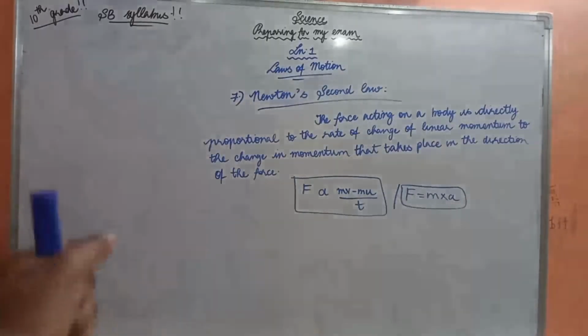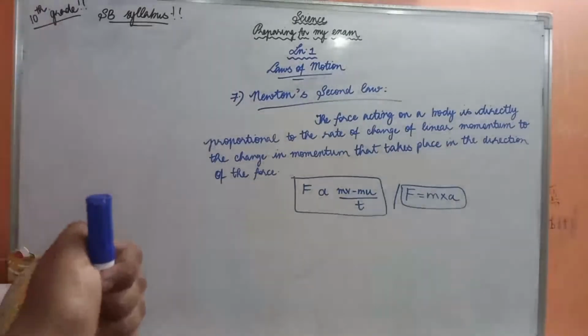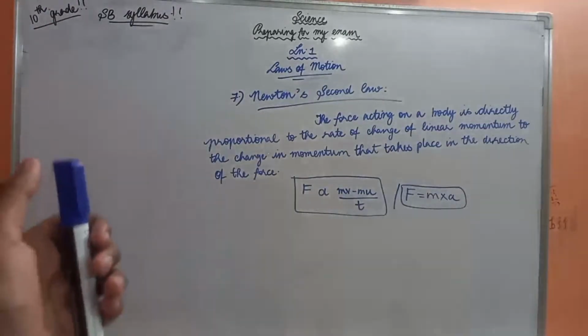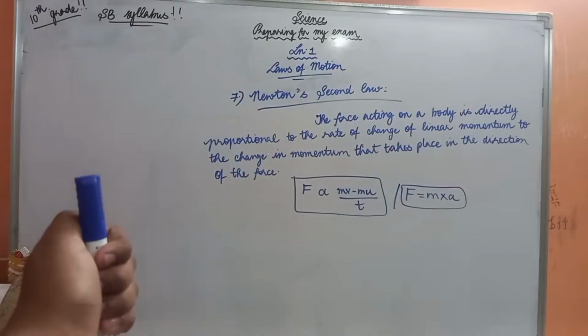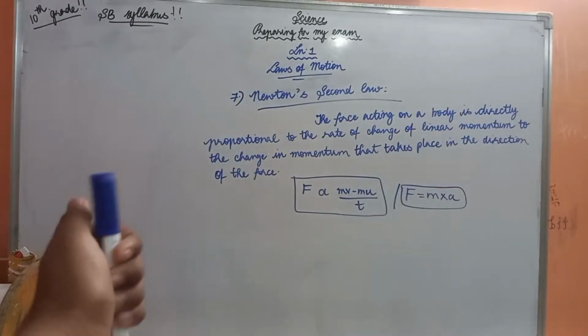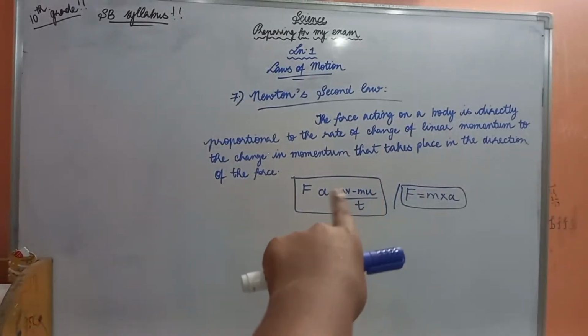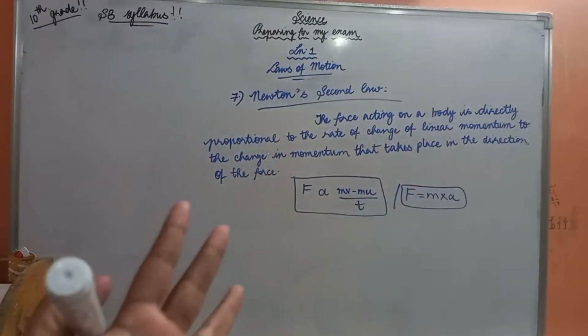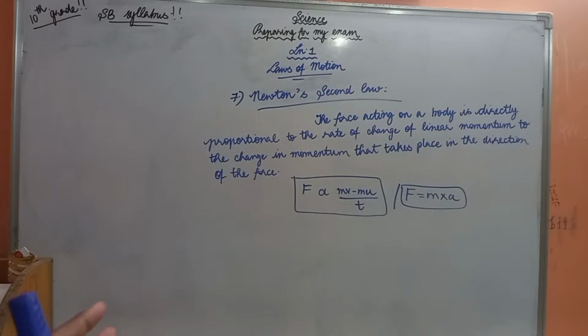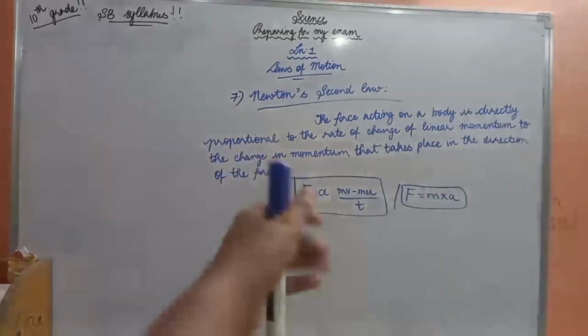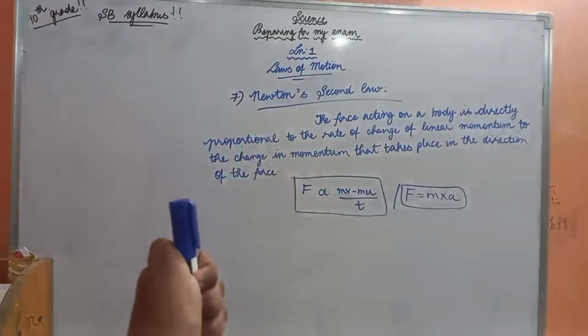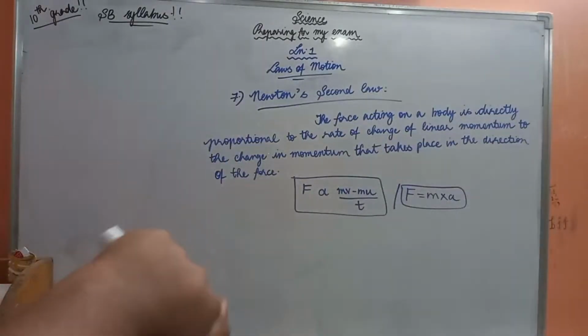That force is directly proportional to the momentum. At first I grip it kind of slowly, then I grip it kind of tightly. The first gripping is mu, which is the initial momentum, and mv is the final momentum, which means I am completely grasping onto this whiteboard.